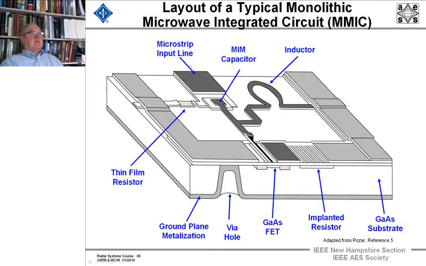Here's a strip line input line, a MIM capacitor, and an inductor. And all made with different layers on top of the gallium arsenide.